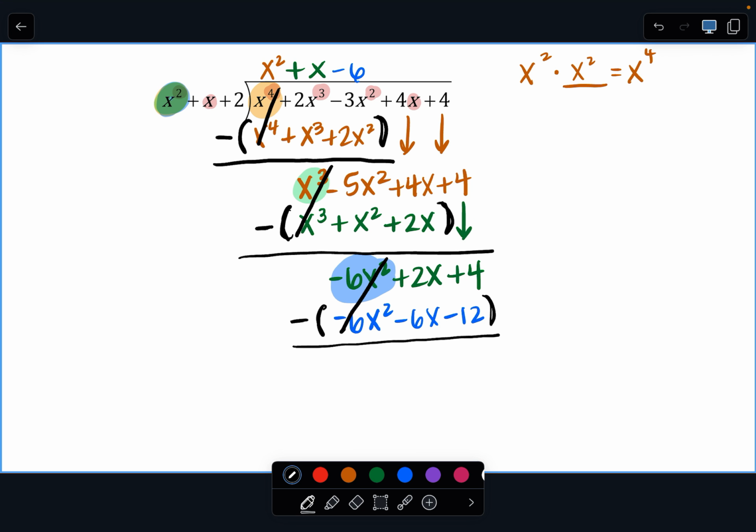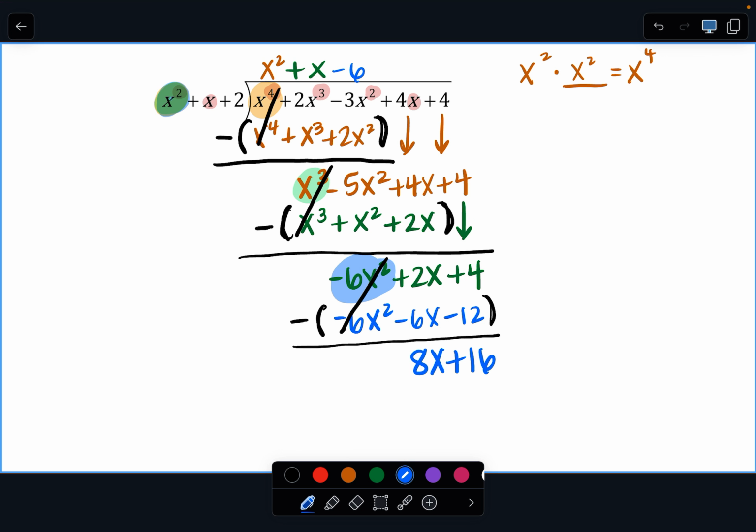And then I have 2x plus 6x. So what's 2x plus 6x? 8x. And then I have 4 plus 12, which is 16. Okay, so I ended, I'm going to make this blue just for my color coding. I ended with 8x plus 16. Can I do anything? And this is very rhetorical. There's not going to be a right answer.